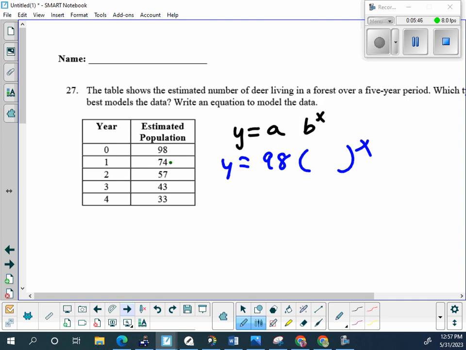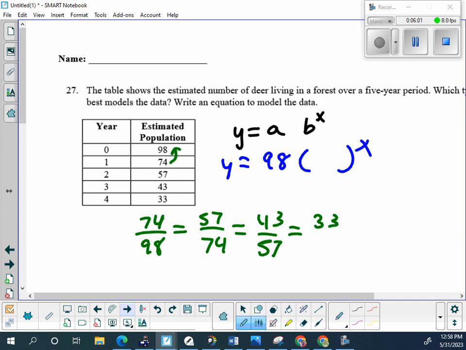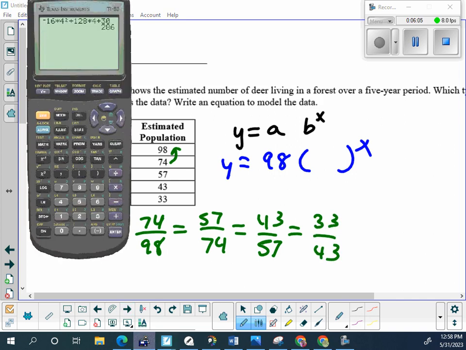So how do we figure that out? 74 divided by 98, that should be equal to 57 divided by 74, should be equal to 43 divided by 57, should be equal to 33 divided by 43. And if I calculate, let's do the last one, 33 divided by 43 is 0.76, 43 divided by 57, 0.75.